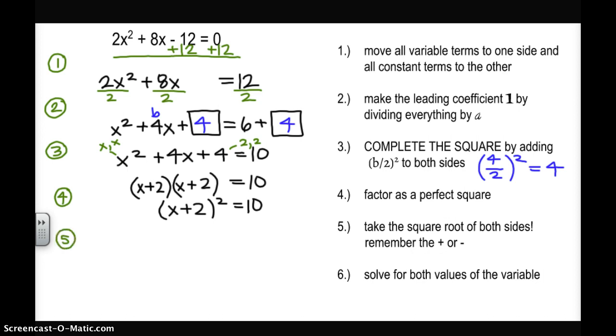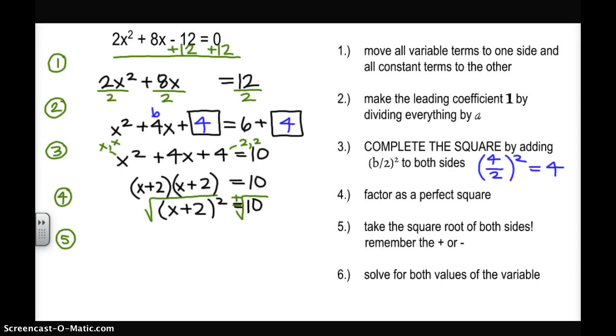We want to take the square root of both sides. But when we do that, we have to remember the plus or minus. When we use the square root to solve something, we need to account for the fact that we have two solutions. Everything we've looked at so far has had the parabola intersecting in two places, and those two places are best accounted for with that plus or minus.